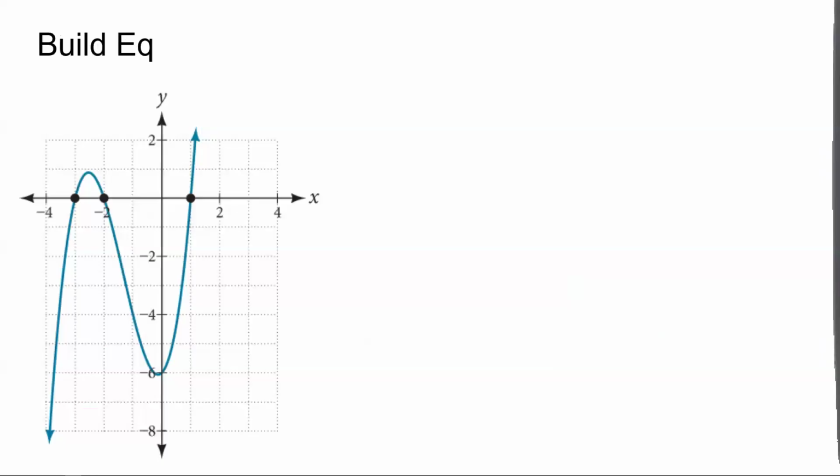Okay. You want to try it the other way? What if we had the graph? Could we build the equation? Well, I see that there is a root right here at x equals 1. I see there's a root right here at x equals -2.